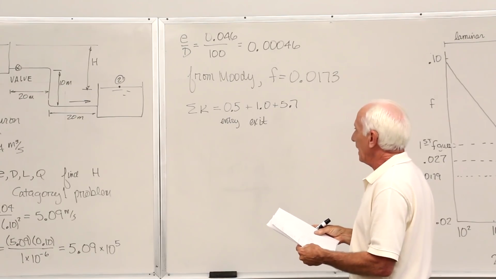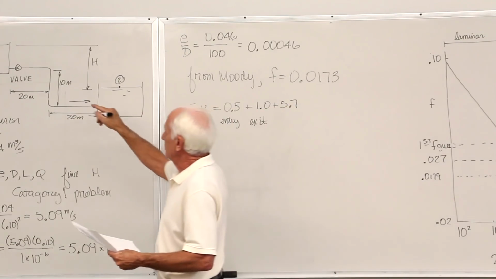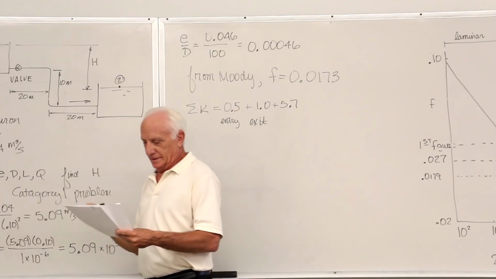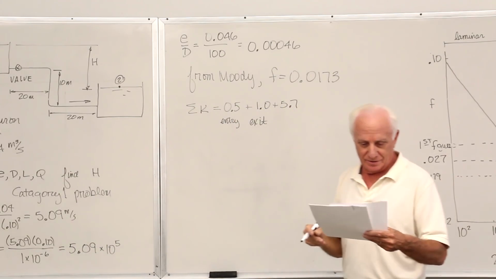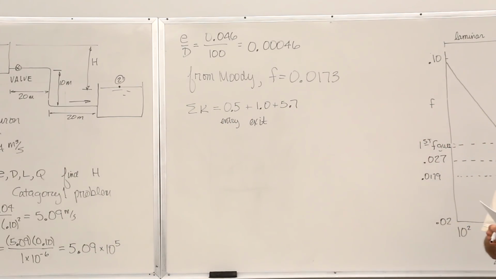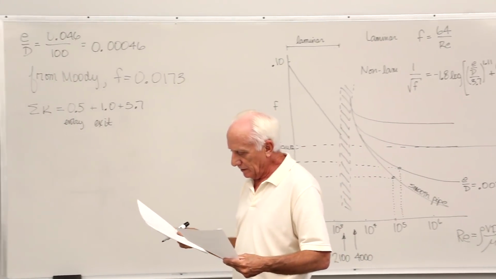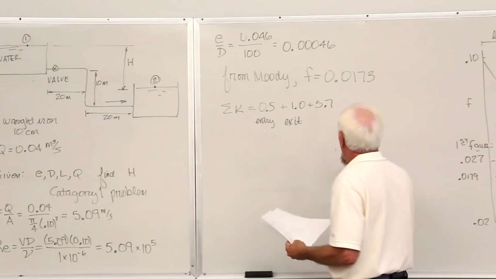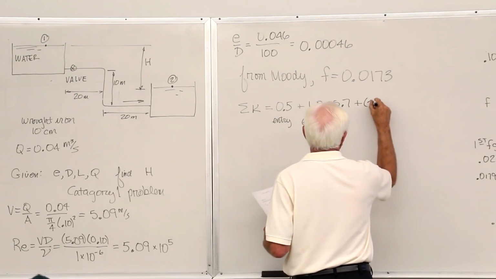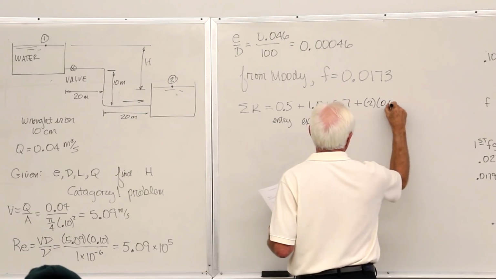All right, and now we've got 2 elbows, here and here. Unless you're told otherwise, always assume they're standard elbows. So standard elbows, 0.64, plus 2 times 0.64.